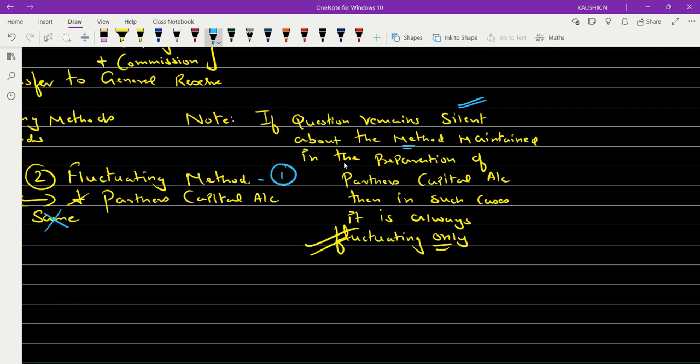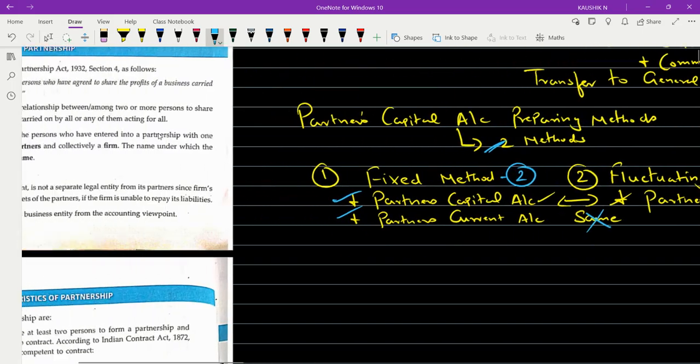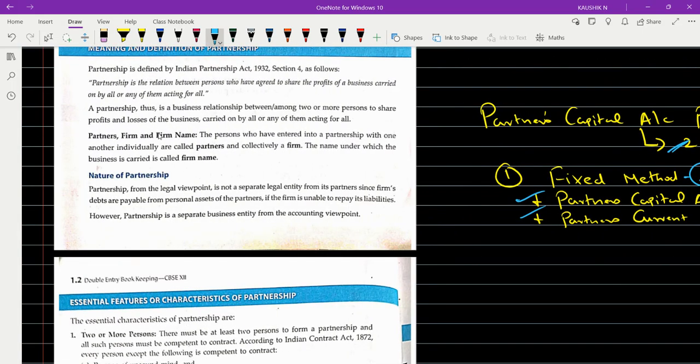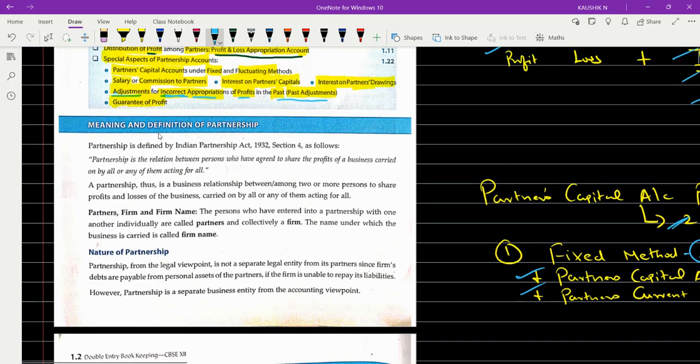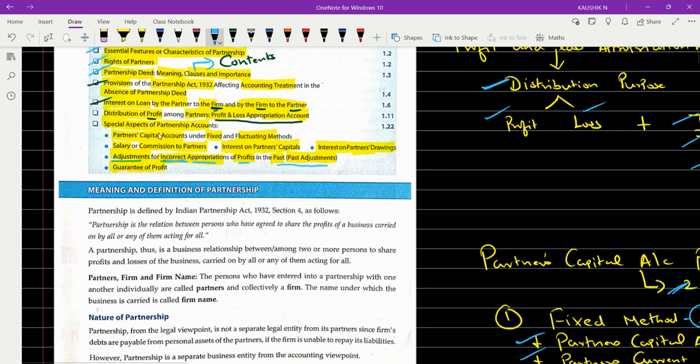Okay, the next one: we are going to learn some important definitions and also some important acts, and we are going to discuss what the provisions of the Indian Partnership Act 1932 say. So basically, you can take the definition of partnership as follows.